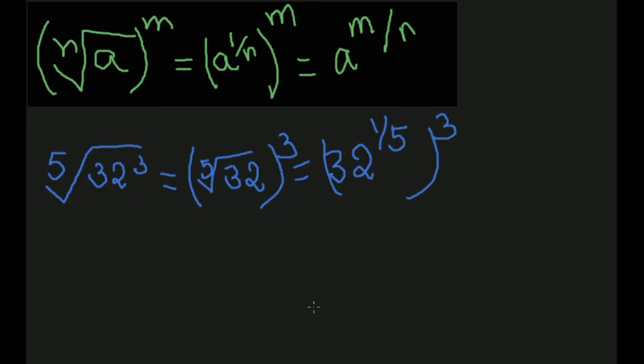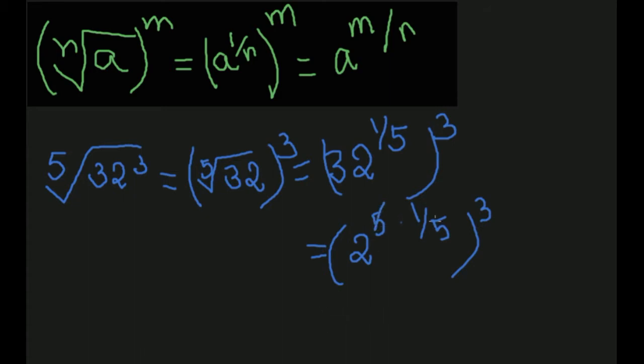As we know, 32 is equal to 2 to the power 5, into 1 by 5, bracket close, 3.